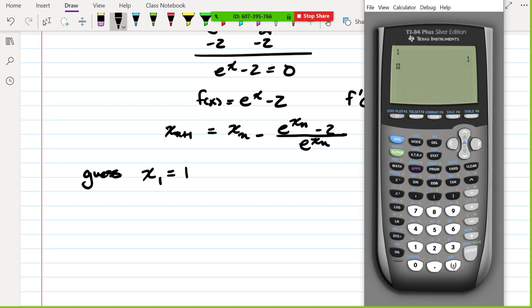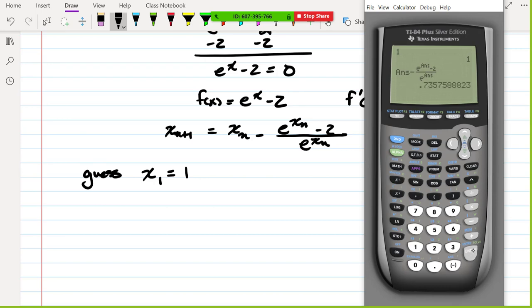So I go second answer minus, grab my fraction, and then I'm going to have e to the answer minus 2 all over e to the answer. And I press enter, and that gives me my first approximation.